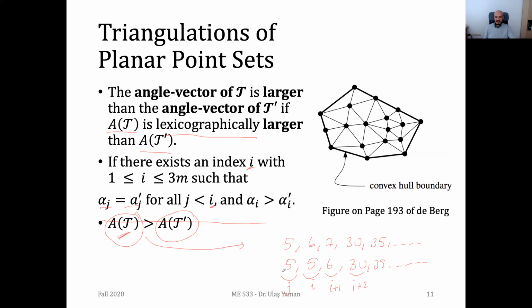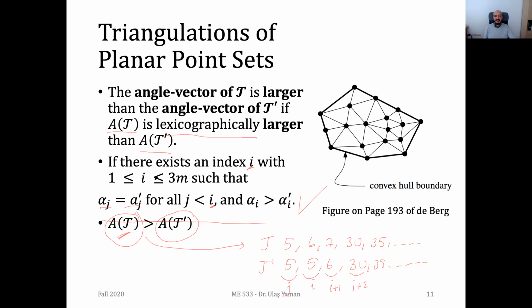Here, i is more than j, the index i is more than j, and I can see that the angle for tau, this is tau, and this is tau prime, I see that this angle alpha i is larger than alpha i prime. Yes, this is satisfied, so I can say that the angle vector of tau is larger than the angle vector of tau prime.